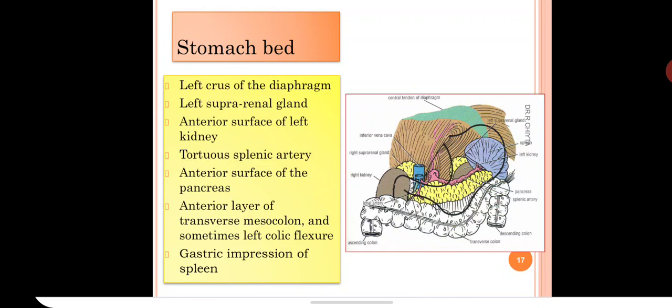So the stomach bed is covered with the peritoneum of the lesser sac and forms a shallow fossa upon which the stomach rests in the recumbent supine position. The bed consists of the following.